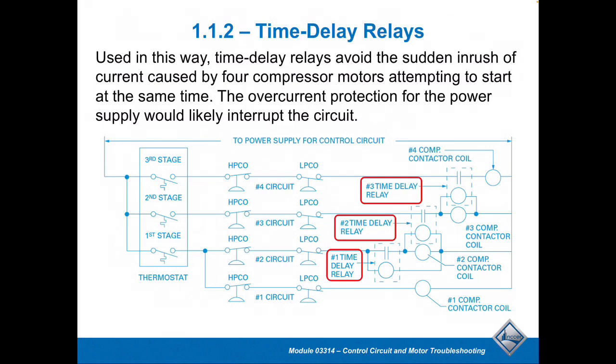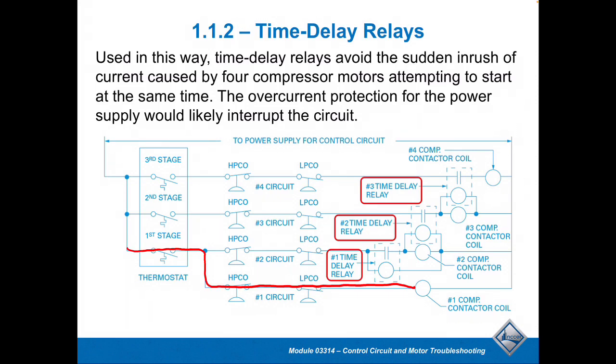So in this particular diagram or application, that's one of the things that would go on in here. If I were to look at the circuitry to prevent any type of overcurrent problems, for example, if I have stage 1 calling, I would expect it to go through the high pressure cutout, the low pressure cutout, and energize the number 1 compressor contactor coil.